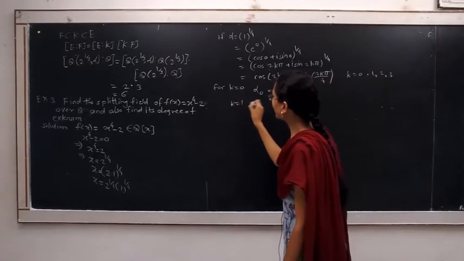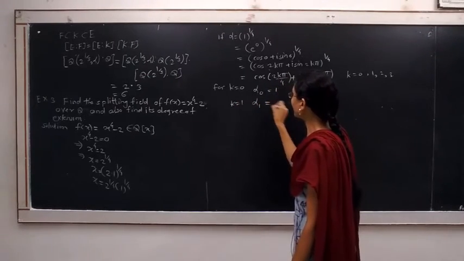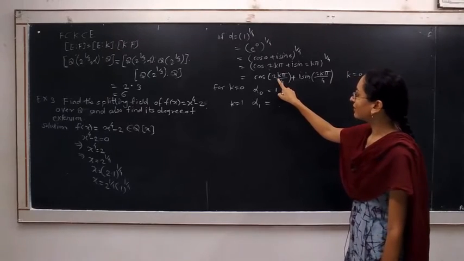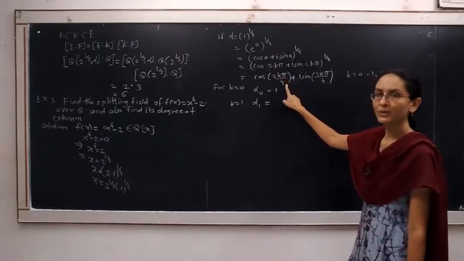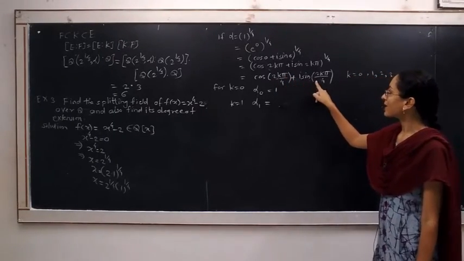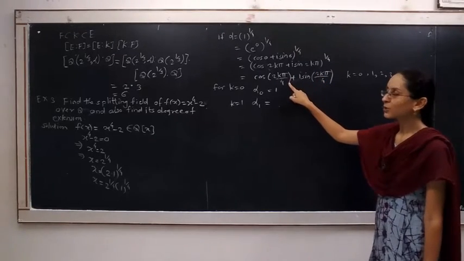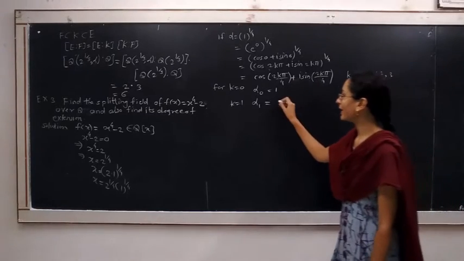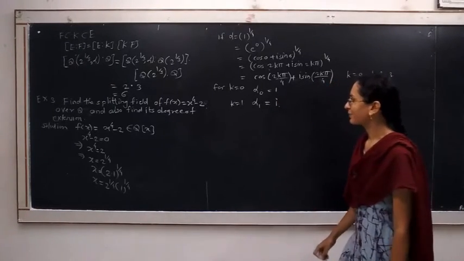For k = 1, alpha 1 is given by cos(2π/4), meaning cos(π/2) + i sin(π/2). cos(π/2) is 0 and sin(π/2) is 1, therefore alpha 1 is i.